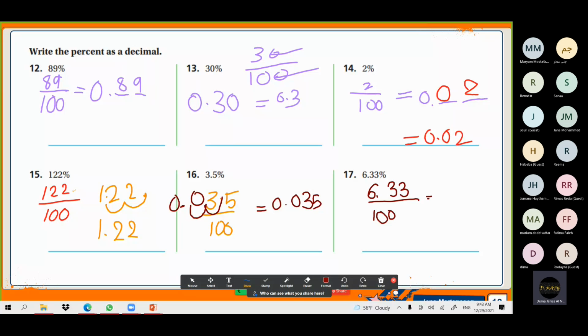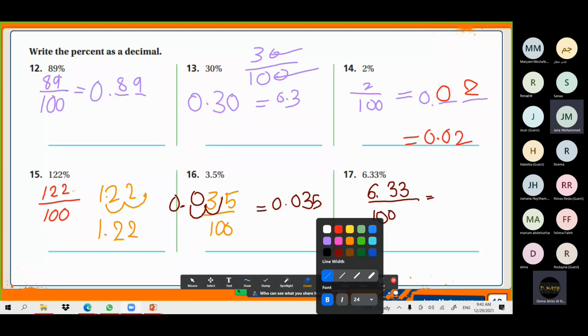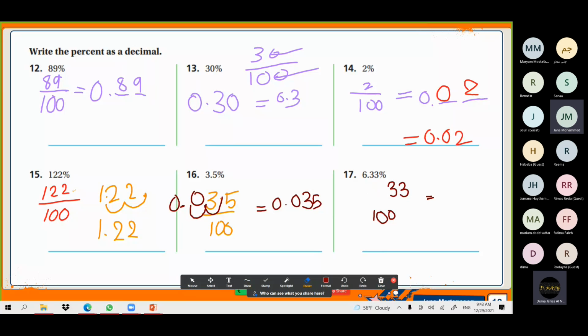Then we're going to move the point 1 time, I think. 1 or why 1? Okay, 2. Because we have 2 zeros, we have to move it 2 digits. So how will it be now? It will be 0.633 with a 0. 0.633.